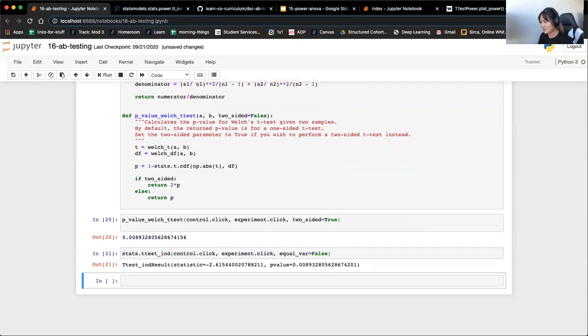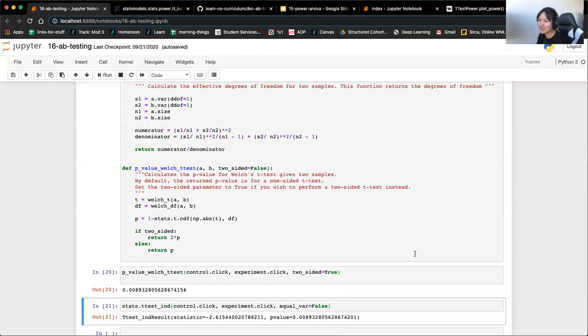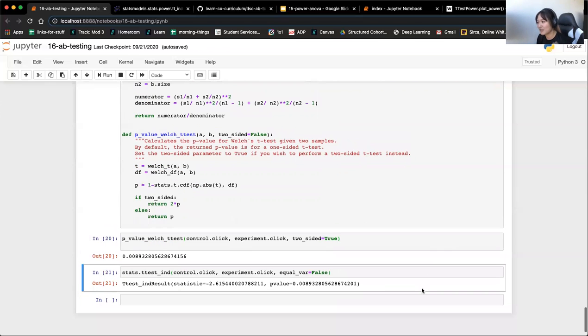When we run that, we have this t-statistic here, and we get almost the exact same p-value of 0.008. So either way, we can reject the null hypothesis, and we can pretty safely say that this new change to this web page results in a higher click-through rate. Questions about this?